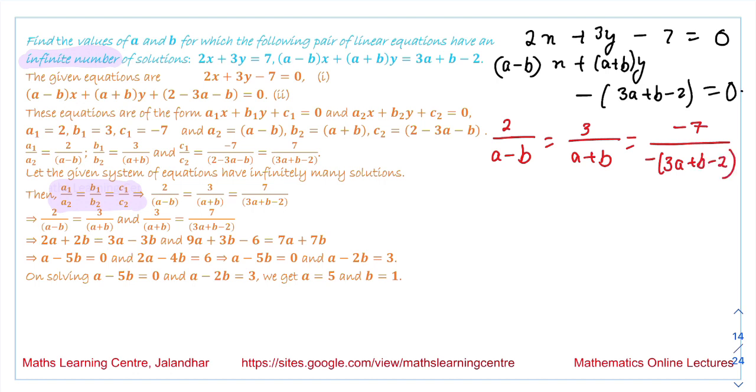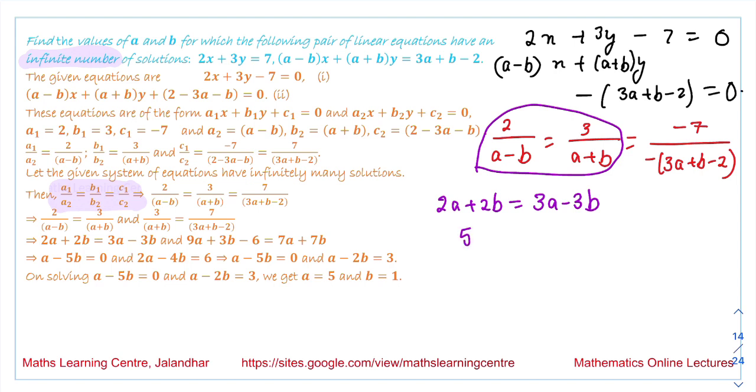By considering the first two terms, we get 2a plus 2b is equal to 3a minus 3b. So this gives us that 5b is equal to a. We are talking about this value over here, that 5b is equal to a.